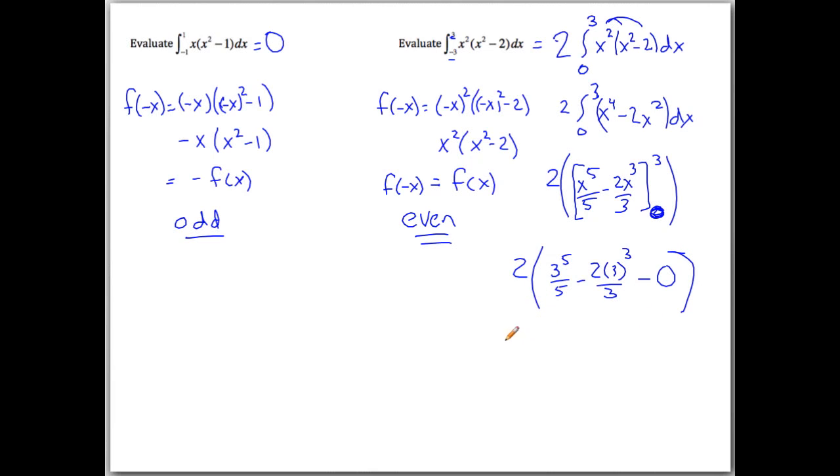And all in all, fraction-wise, this becomes 306 over 5, which is 61.2. Alright, so that's using our knowledge about even and odd functions to evaluate integrals from the same difference on either side of the y-axis.